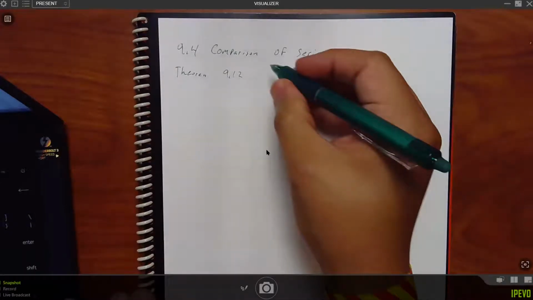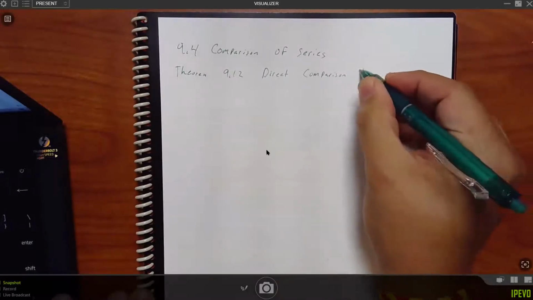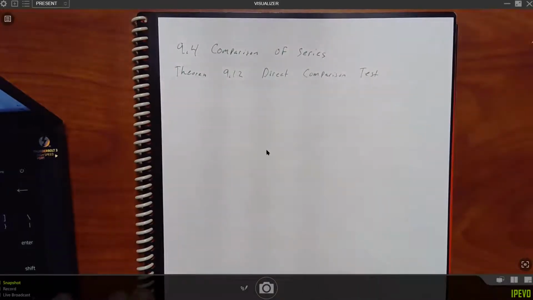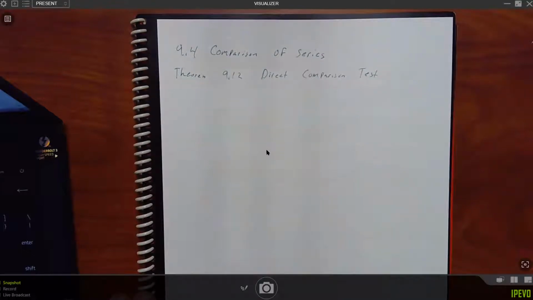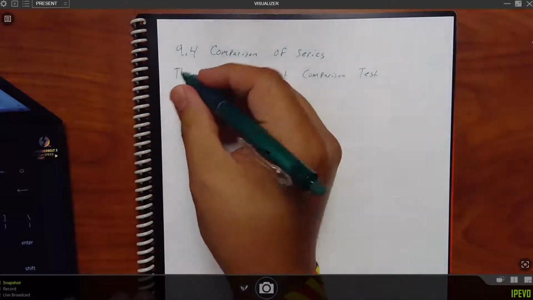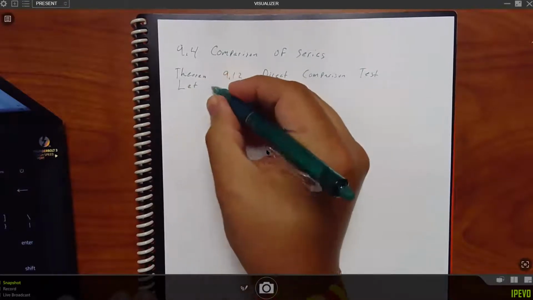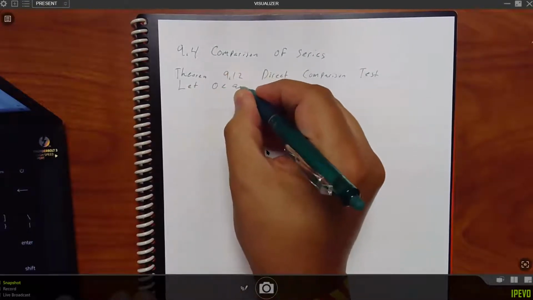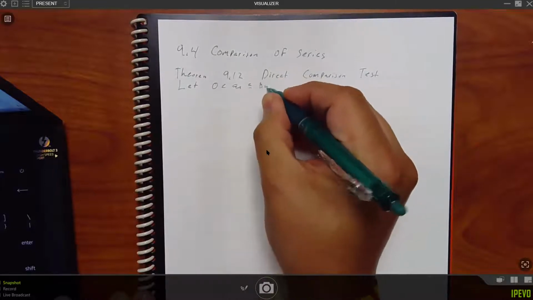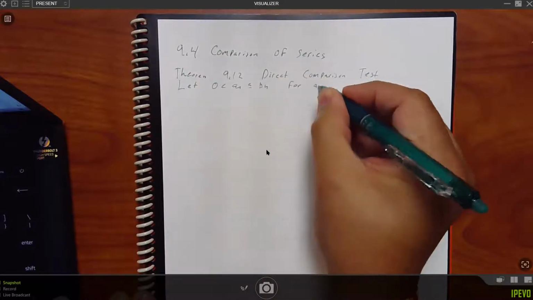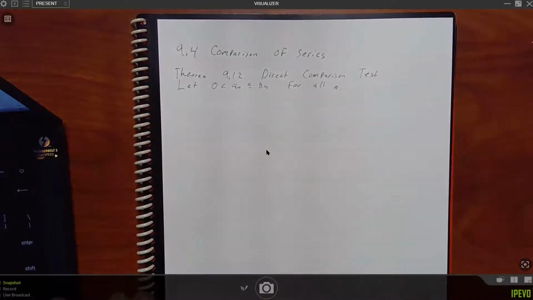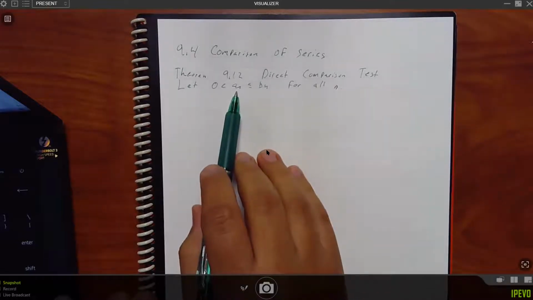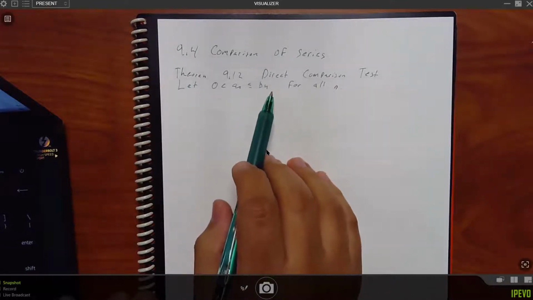Direct comparison test. But 0 would be less than a sub n, which is less than or equal to b sub n for all n. Basically I'm saying that the sequence of a_n is smaller than the sequence of b_n.